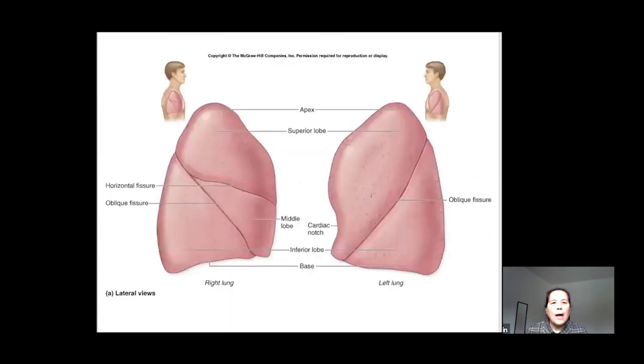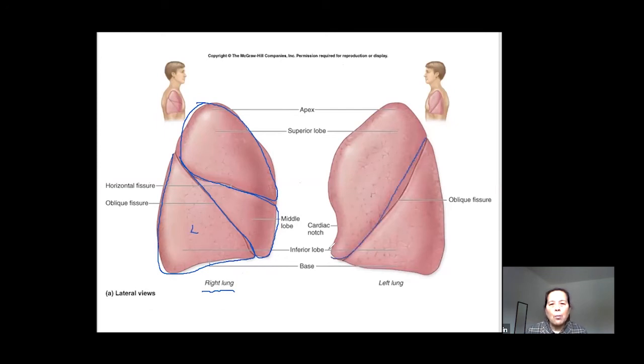So that's our lung. That's our right side lung. We can see three lobes there: the upper lobe here, the middle lobe here, and certainly another one, the lower lobe here. On the left side of the lung, we have two lobes.